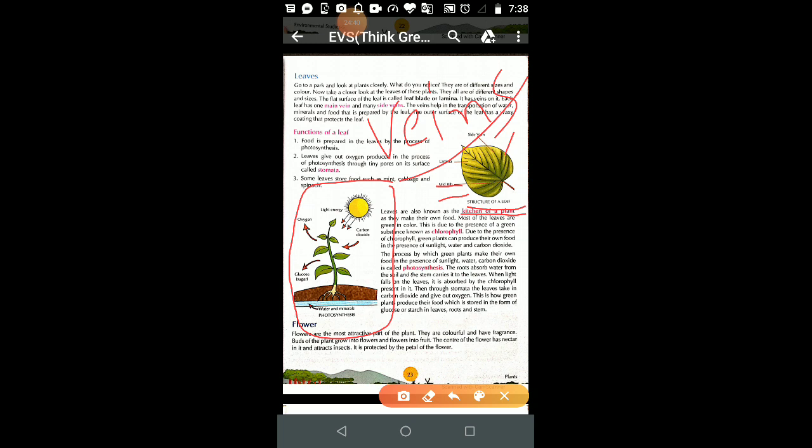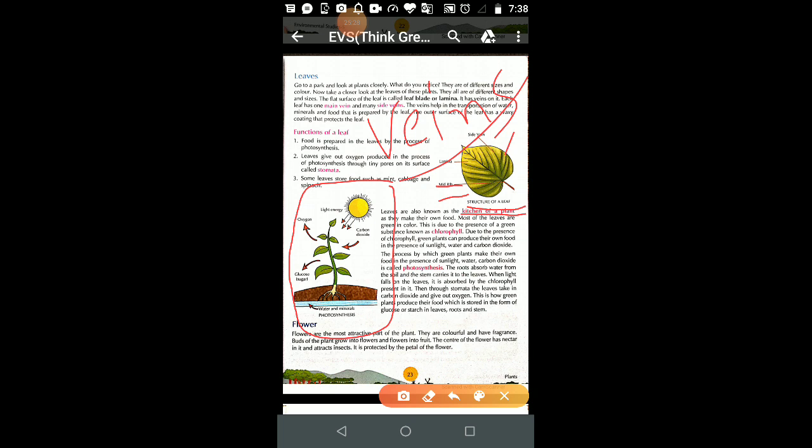Due to the presence of a green substance known as chlorophyll. It means chlorophyll is present where? It is present in the leaves, and that is the reason the plants are able to make their own food.